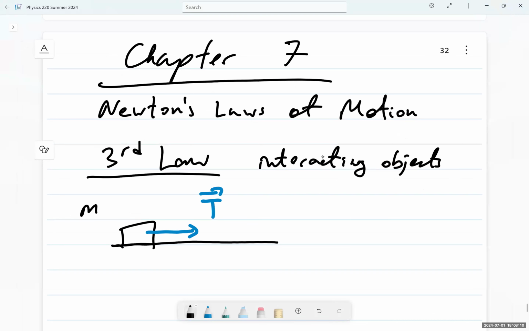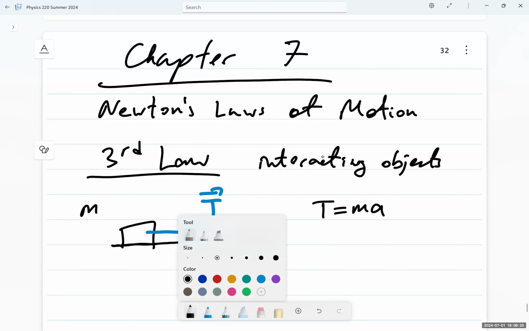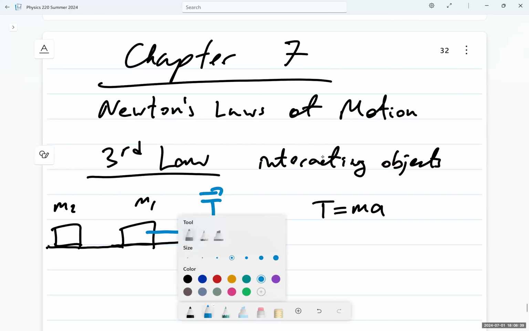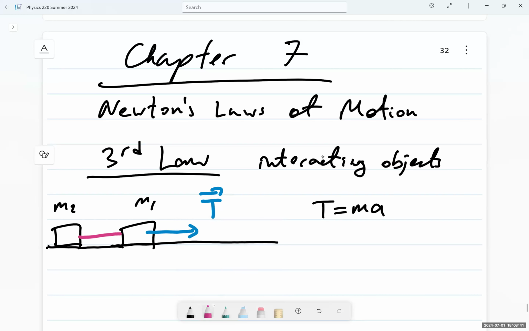So this is pretty much tension equals mass times acceleration. This is just a simple application of the second law. But the difference here is, what if there's another one right here? So this one becomes M1, this becomes M2, and mass 1 and mass 2 are connected together by a rope like this.